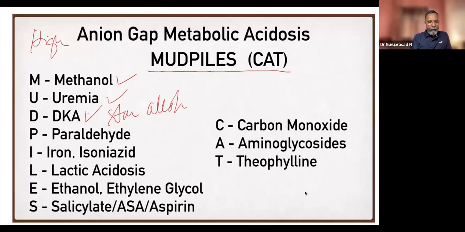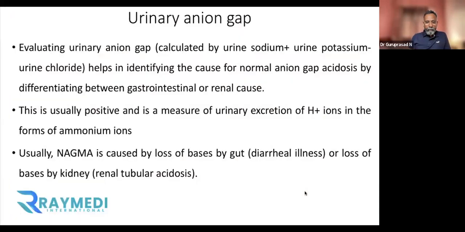Then paraldehyde or paracetamol, iron and isoniazid, lactic acidosis, ethanol, ethylene glycol, methanol poisoning, all alcohol poisoning cause high anion gap, and salicylates and aspirin. Similarly, carbon monoxide poisoning, aminoglycoside toxicity or theophylline all cause high anion gap metabolic acidosis.